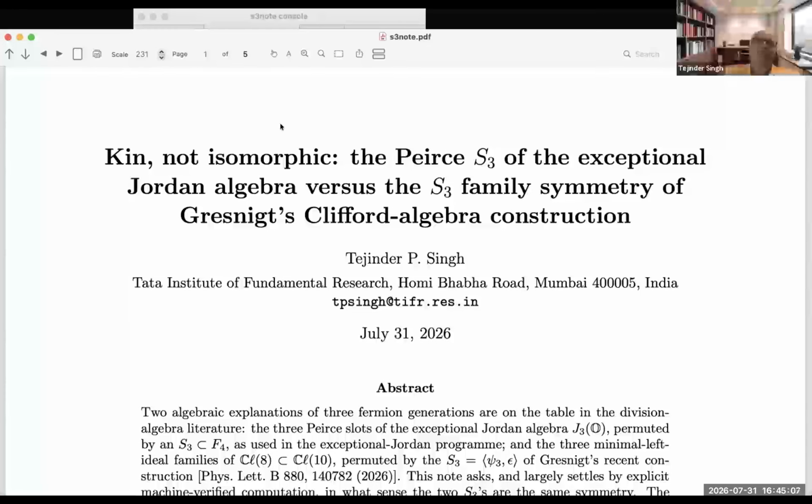Well, maybe in the meantime, I can make one comment about the mathematics and triality. Can you all see the screen? I just asked the machine to compare the exceptional Jordan algebra with the S3 of Niels. I haven't seen the paper, but it's this quick.